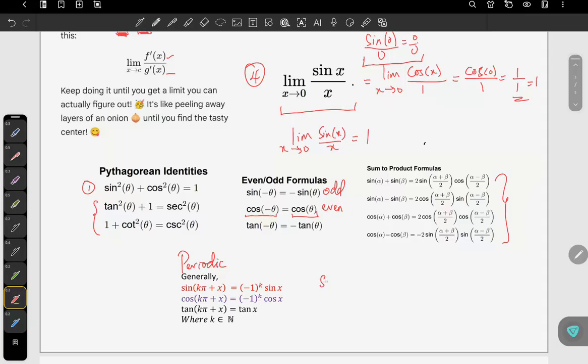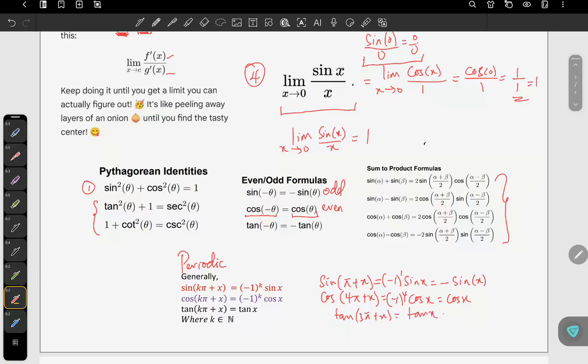As an example, sine of pi plus x is equal to minus 1 raised to power 1 times sine x, which is negative sine x. Similar thing with cosine of pi plus x. But let's use cos for 4 pi plus x, which is equal to minus 1 raised to power 4 times cosine of x, and since minus 1 raised to power 4 is positive 1, it is cosine of x. And tan of 3 pi plus x is just equal to tan x.